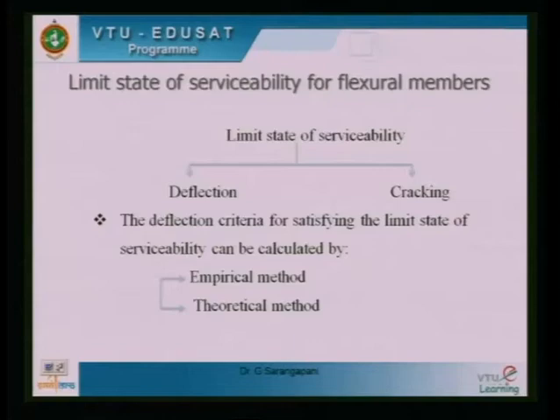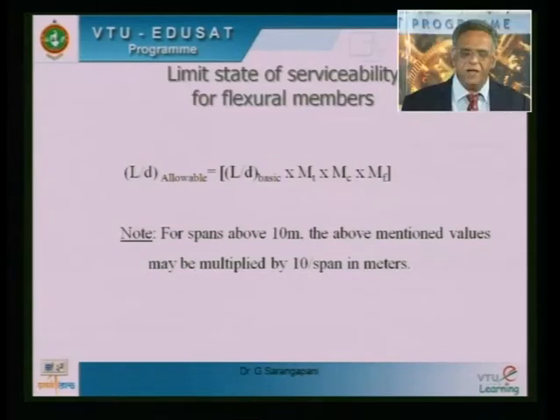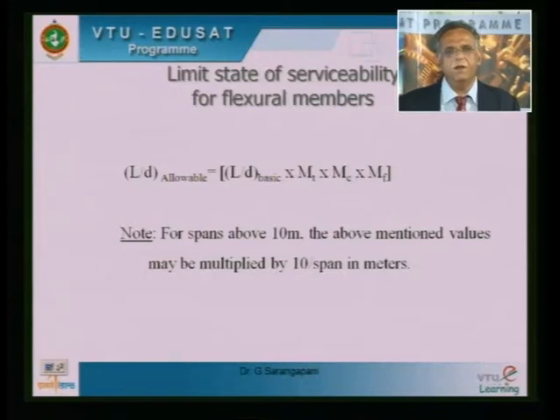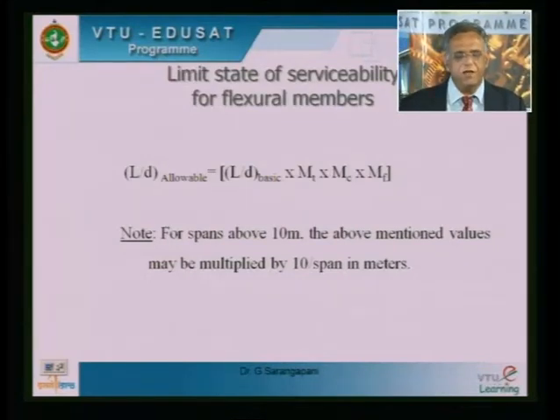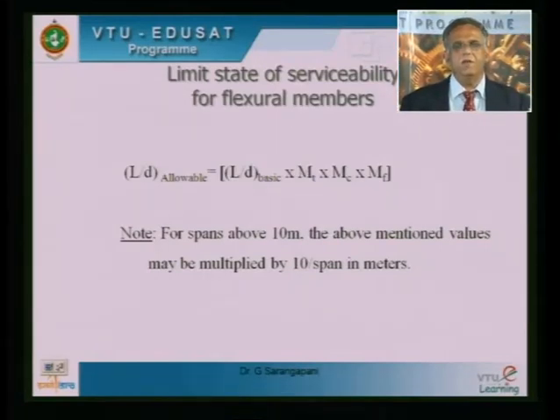To start with, I discussed the empirical method, where I said that the actual L by D ratio should be less than the allowable L by D. The allowable L by D is calculated by using the formula: basic L by D multiplied by MT, multiplied by MC and MF, where MT represents the modification factor based on the tension reinforcement, and MC represents the modification factor based on the compression steel provided in the beam.